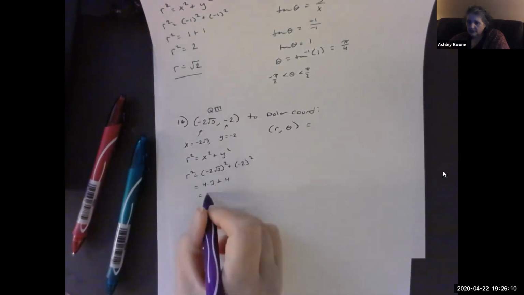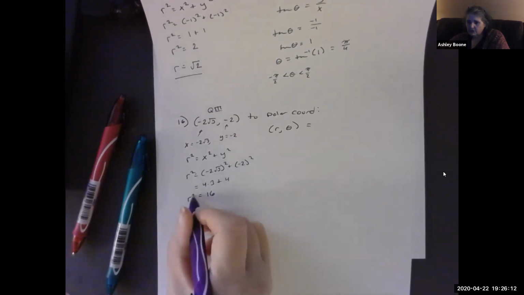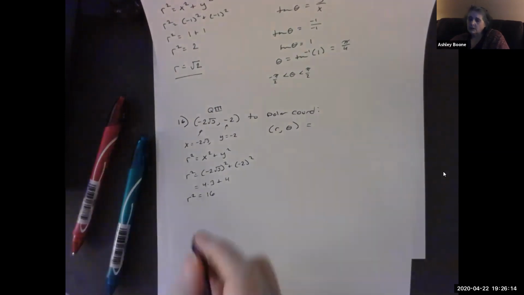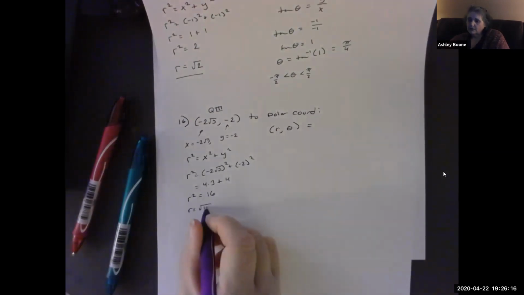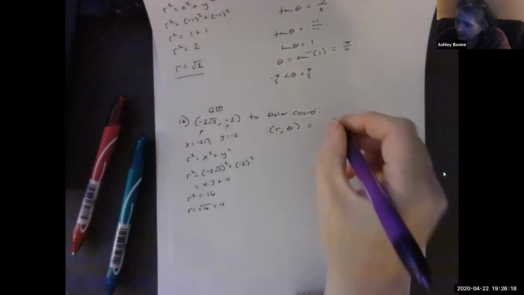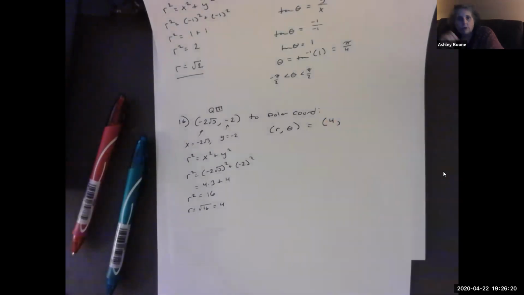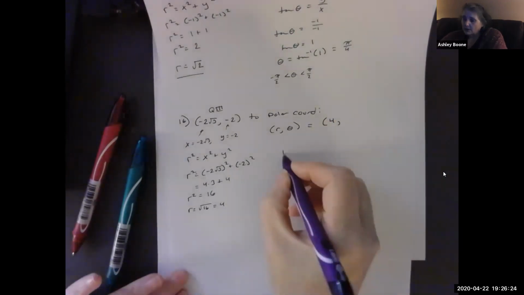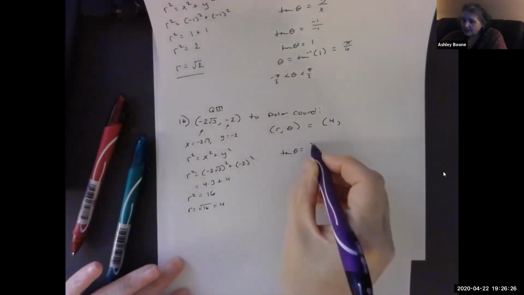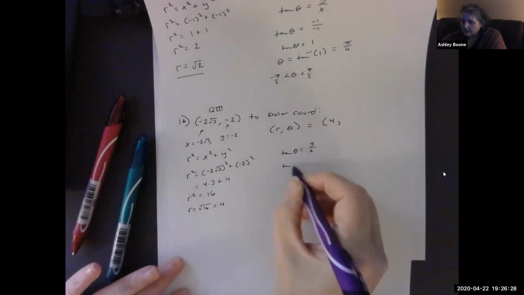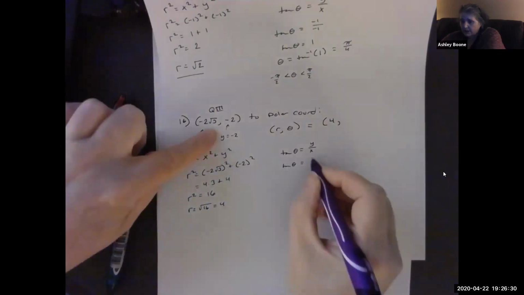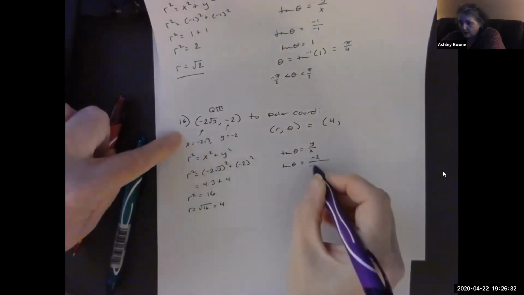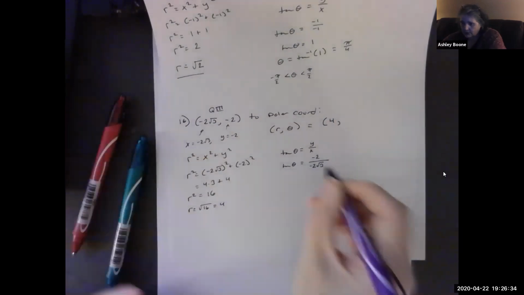So that's 12 plus 4 is 16. So r squared is 16, which means r is going to be square root of 16, which is 4. So we have our r value of 4. Now we need to get our theta. We know that tangent of theta is y over x. So tangent of theta is -2 over -2 root 3.